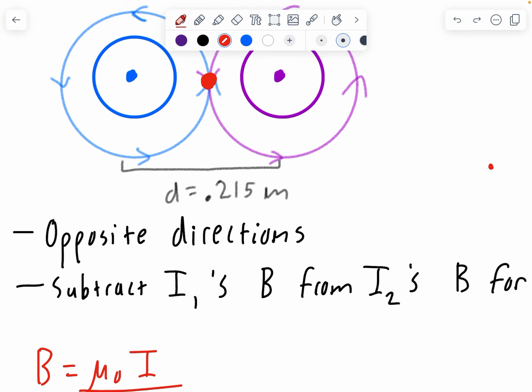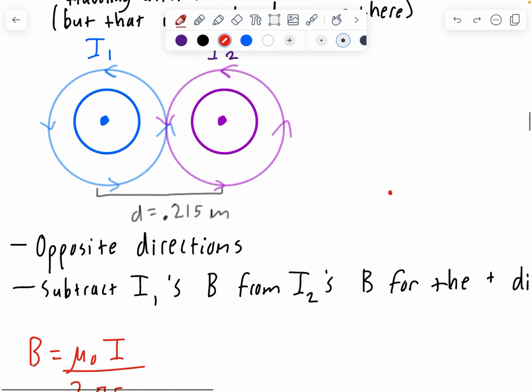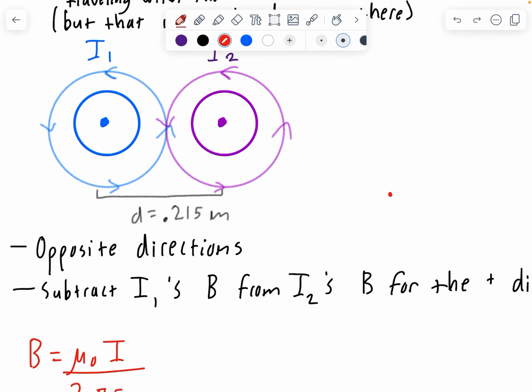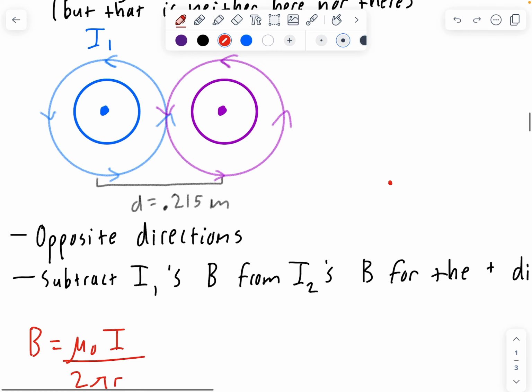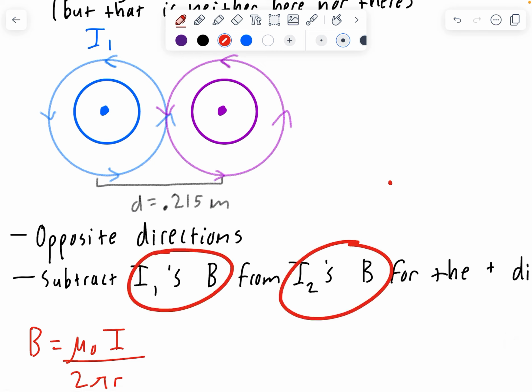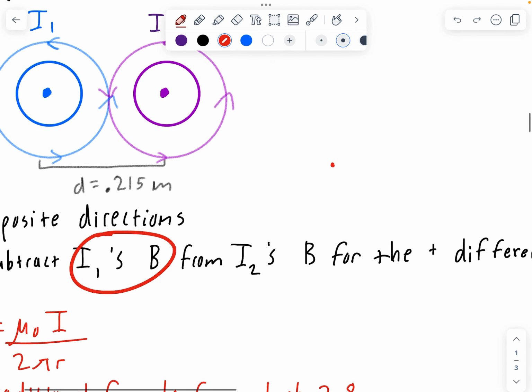So we can subtract. Also, I2 is greater than I1, by the way. So if we subtract I1's magnetic field from I2's magnetic field, we'll get the positive difference. I have an explanation for that coming up in a minute, but that was just something I wrote down.